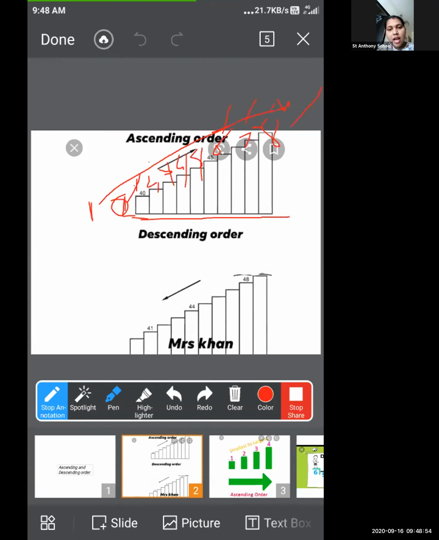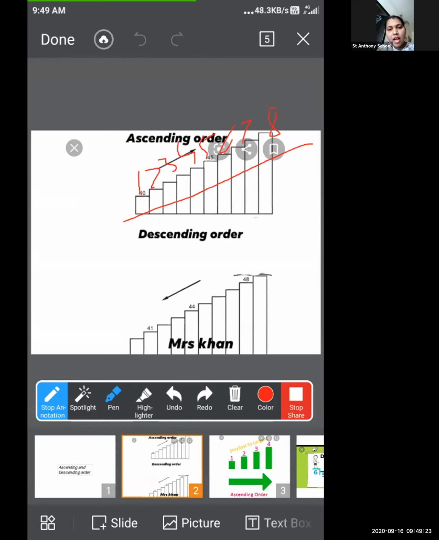For example, see here, if it is 1, 2, 3, 4, 5, 6, 7, 8, if I'm writing the numbers here, and we want to write those numbers in ascending order, we start from the smaller number, right?